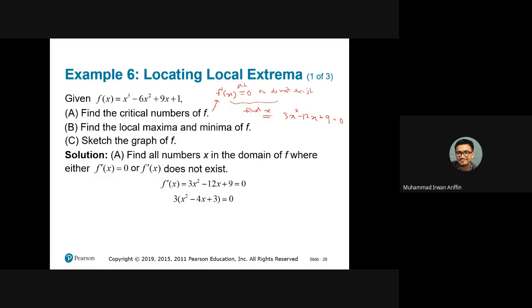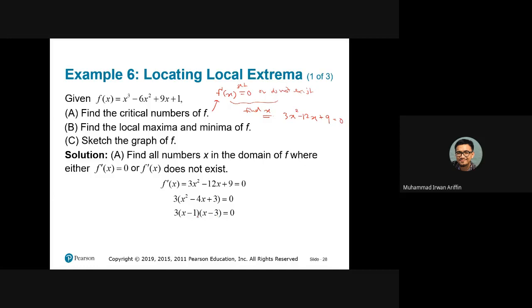We just need to practice how to factorize it. I'm just making it easier by using the examples on the slide. We take this 3 out because it is a common factor. So we have x squared minus 4x plus 3, and we can factorize this further as x minus 1 and x minus 3.